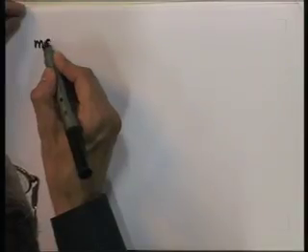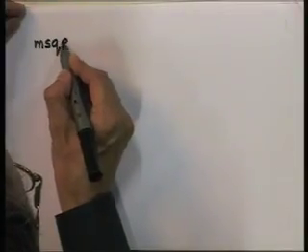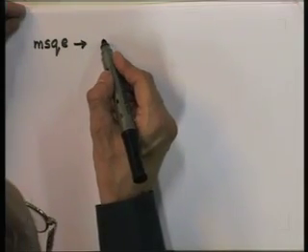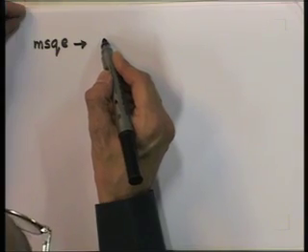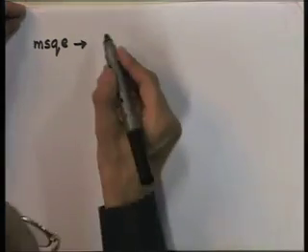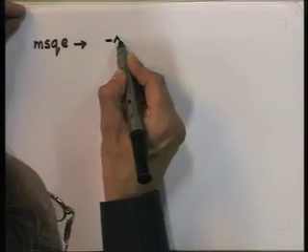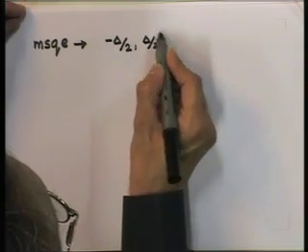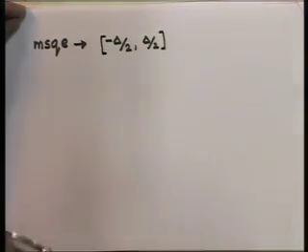Thus, the mean square quantization error is nothing but the second moment of a random variable with uniform PDF in the interval minus delta by 2 to plus delta by 2.